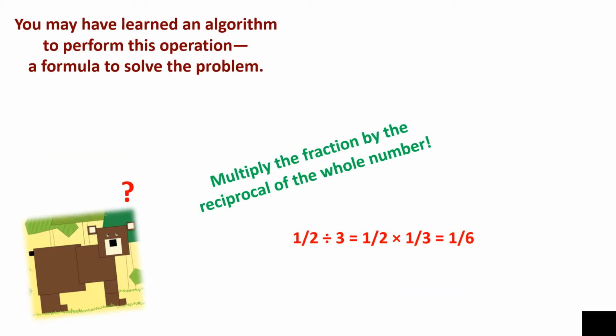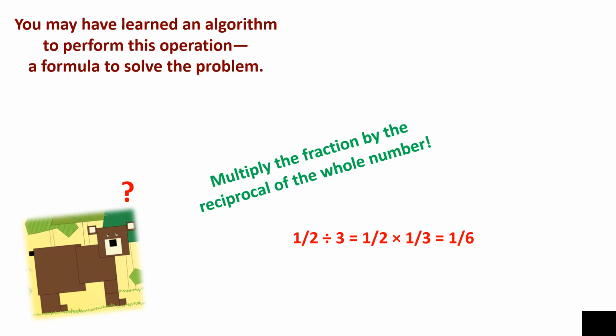You may have learned an algorithm to perform this operation. An algorithm is a formula to solve a problem. In this case, the algorithm says that you should multiply the fraction by the reciprocal of the whole number.